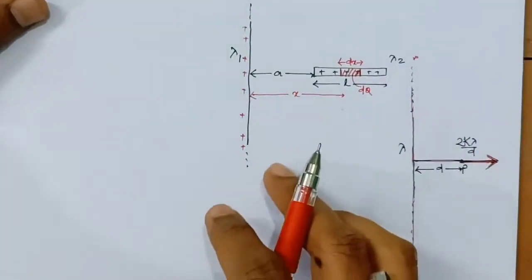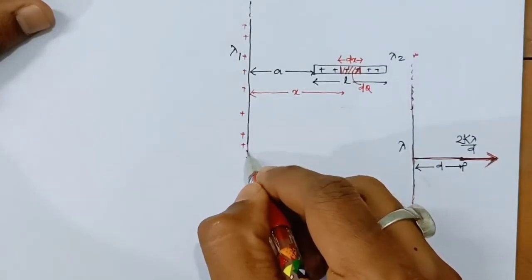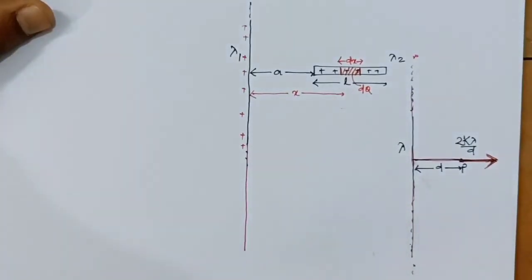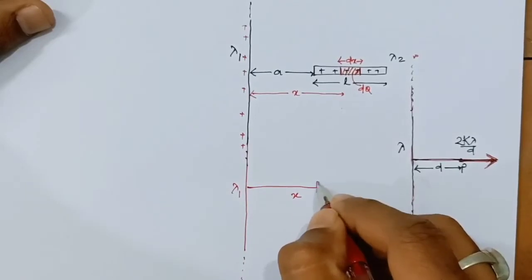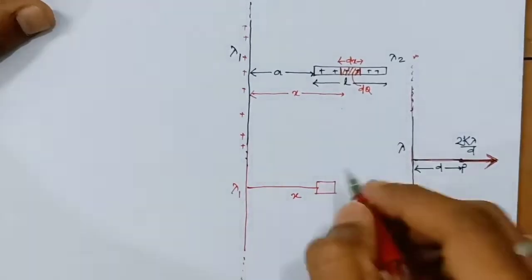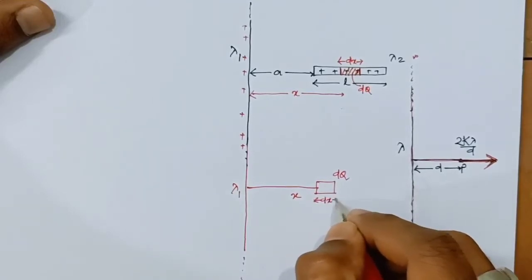If I want to redraw the same scenario, this is my infinite rod having line charge density lambda 1. Exactly at a distance x, there will be a small elementary charge section. Charge is dq and length is dx.